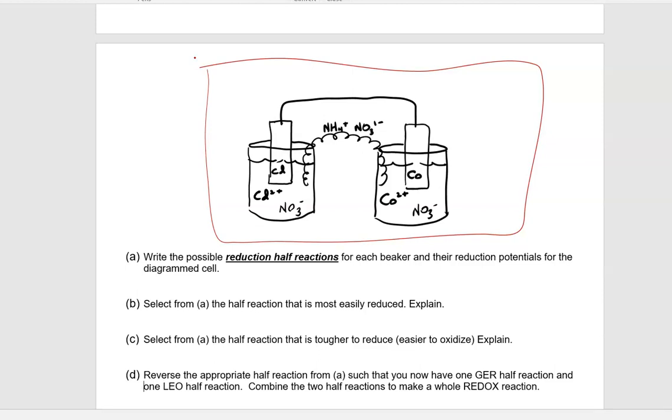Then you have one final one, and you'll notice in the final one that I gave you, I didn't actually draw it. I want you to draw it. I want you to show me the piece of metal, show me what's in the solution, show me the movement of the ions, or the electrons rather, and you're only given the shorthand of nickel and gold. Okay, so nickel and gold.